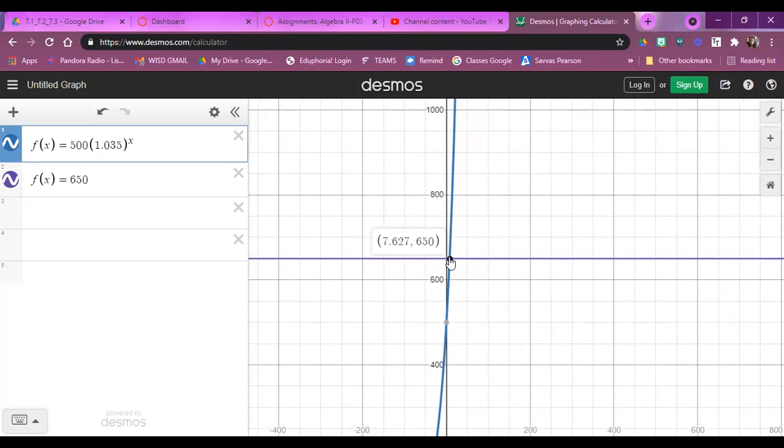So when t is greater than or equal to 7.6 years. If I want to be a little more exact, 7.63 years. Do we see where that came from? Okay.